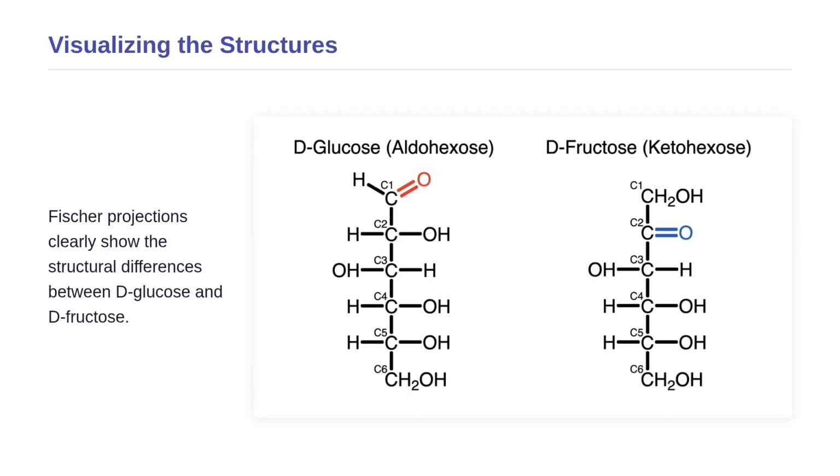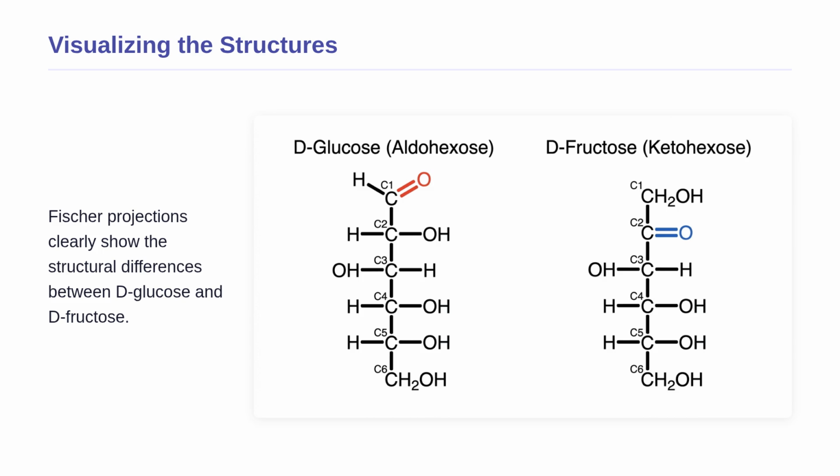Now that we have calculated and proven the properties of these sugars, let us look at them visually. On the screen, you are seeing Fischer projections, which are two-dimensional representations of these three-dimensional molecules. On the left is D-glucose. Notice the red highlighted region at the very top at carbon 1. That is the aldehyde group, making it an aldose.